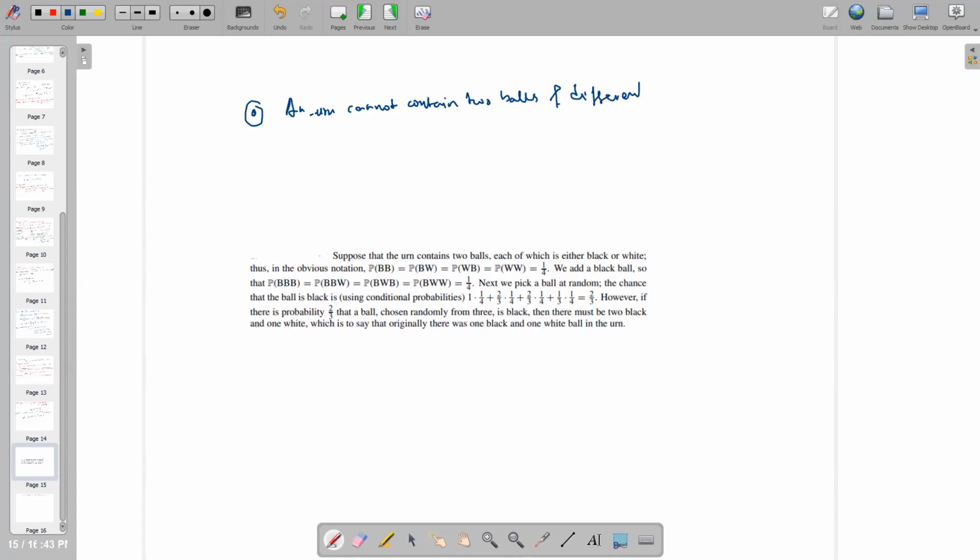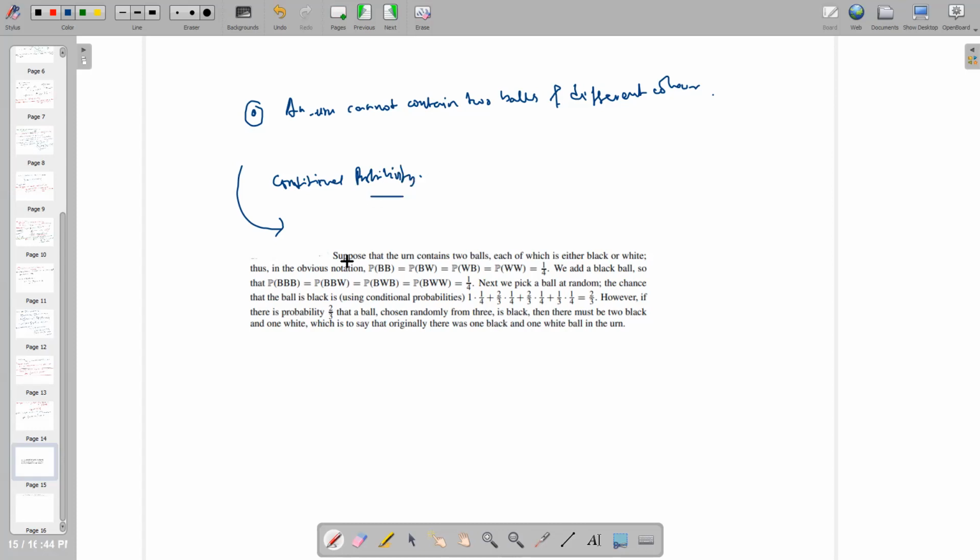This is a very famous proof where someone tried to prove that an urn cannot contain two balls of different color using Bayes' theorem, like conditional probability. Just check out his proof.